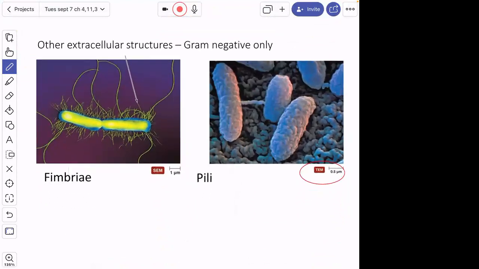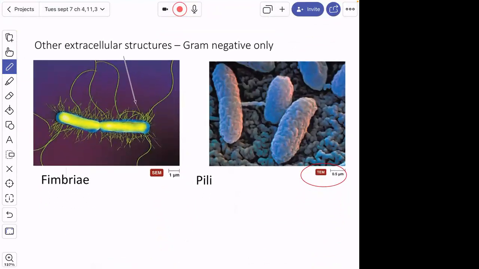Okay, so other structures that we find outside of the cell: fimbriae and pili. Both of these we typically see, and I know I haven't talked about gram-negative versus gram-positive yet, just bear with me.